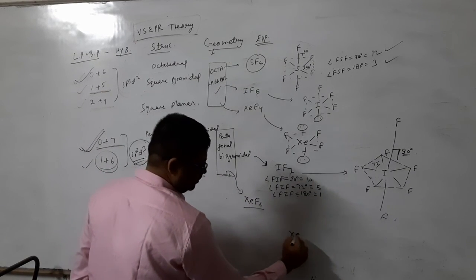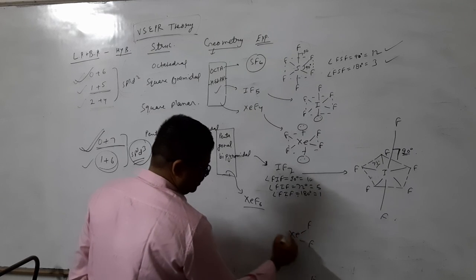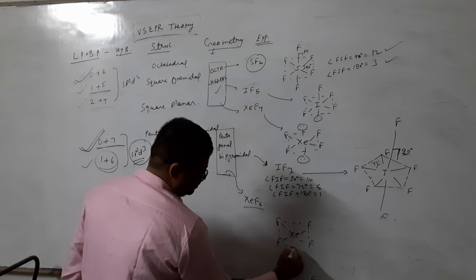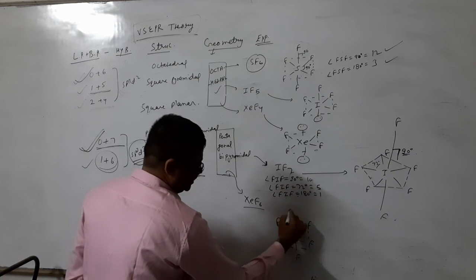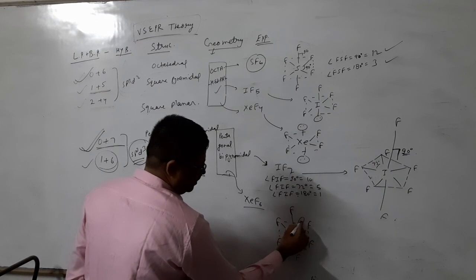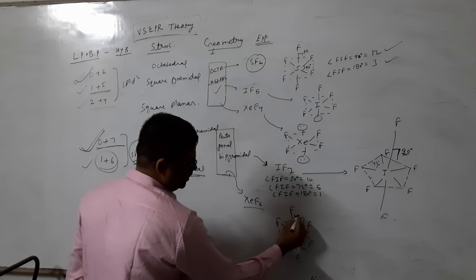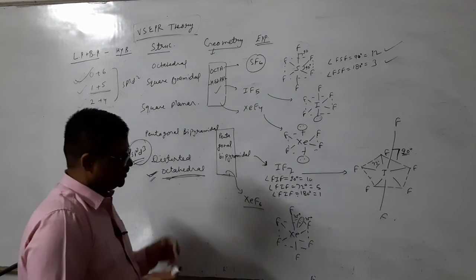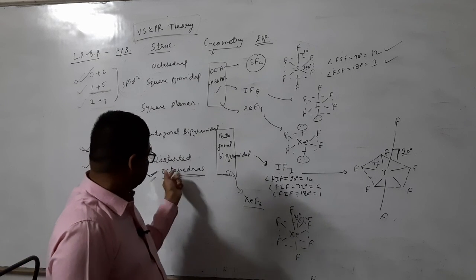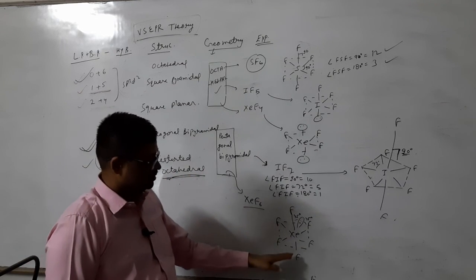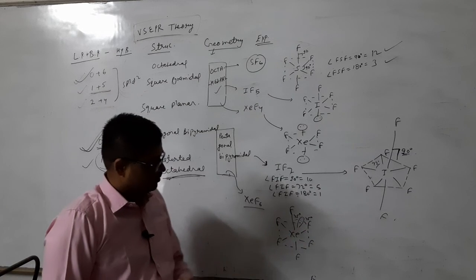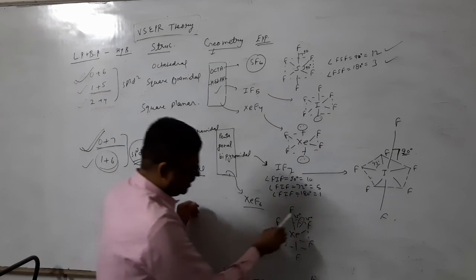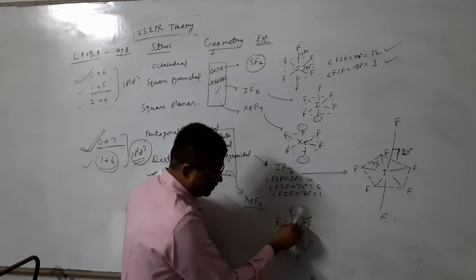This molecule has the lone pair at 45 degrees with this and 45 degrees with this. Clear? In this case, the lone pair is not on the axial nor on the equatorial position. It will lie in between these two with a 45 degree angle.